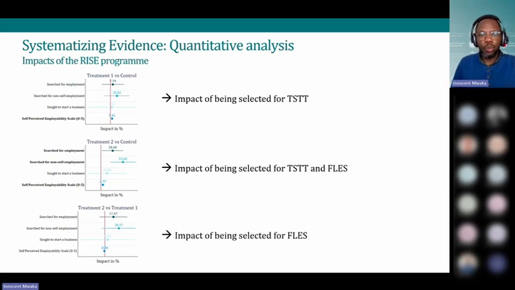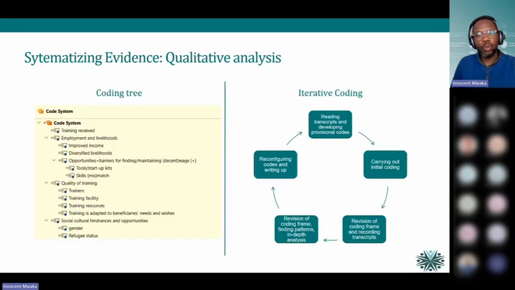So this is done for the quantitative. I will not dwell so much on this, but it's just to illustrate that there is a system to systematize your data, and then also for the qualitative, you do the same.